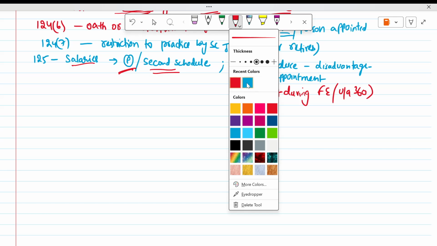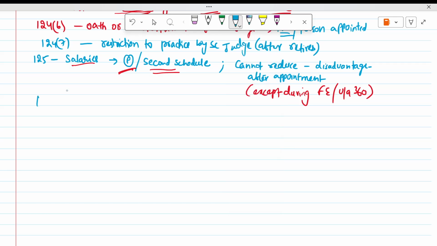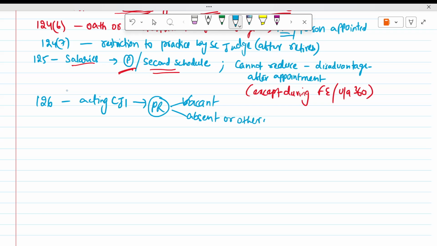Then Article 126, acting CJ. The acting CJ is appointed by the President. When can he be appointed? When the office is vacant, or when the CJ is absent, or is otherwise unable to perform duties.